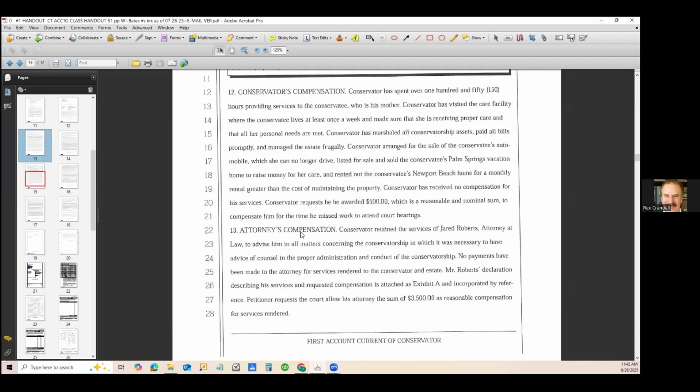But in this case, we're stating that the person did hire an attorney, and what he did during the case, we're stating no payments have been made. If you did receive payments and it is in your trust account and you are the attorney, state that a $5,000 payment has been made.